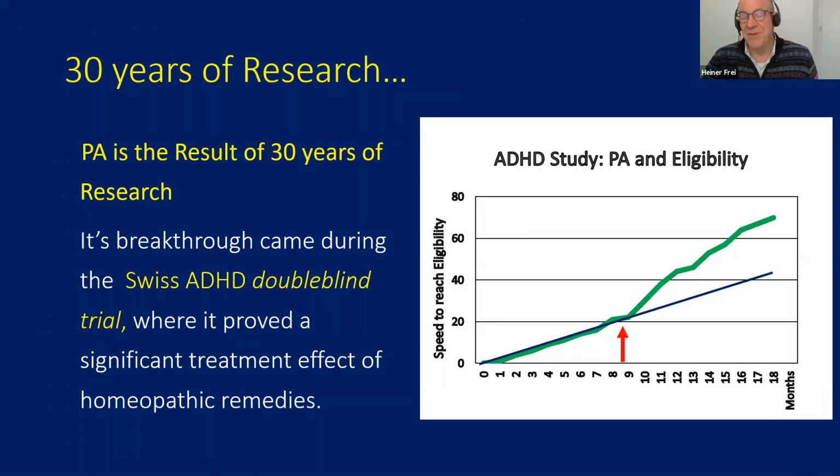On this figure on the right side, you see what polarity analysis did during the study. In the first 9 months, we were searching for the remedies without using polarity analysis. And you see here the speed by which we reach the eligibility for the entry into the double-blind phase of the study.